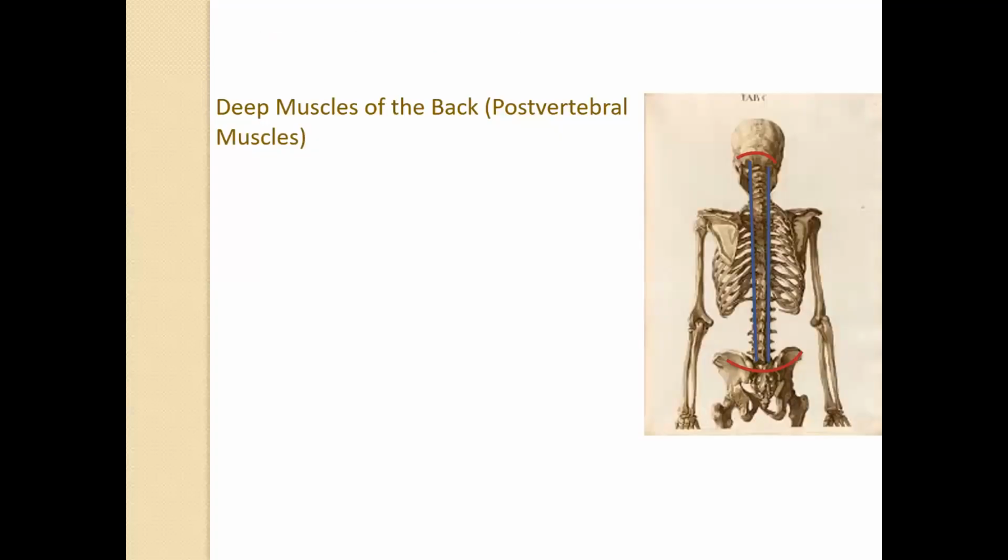Then we can go into the deep muscles of the back, or the intrinsic muscles, or postvertebral muscles. You can see in this picture I have outlined in the red lines. These red lines mark the areas from where to where these deep muscles of the back extend, from occiput to the sacral area.